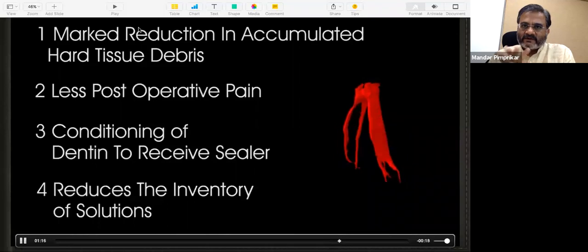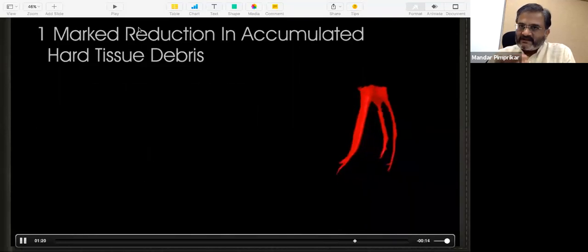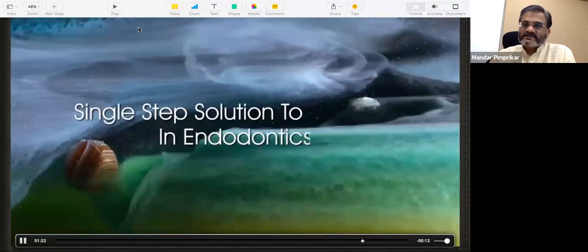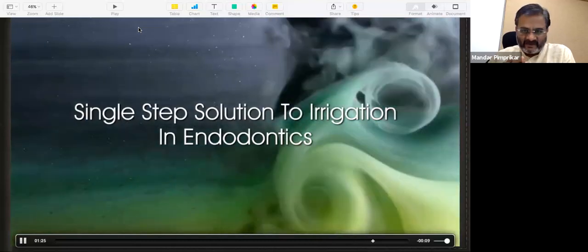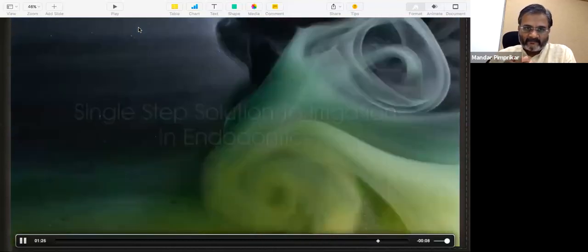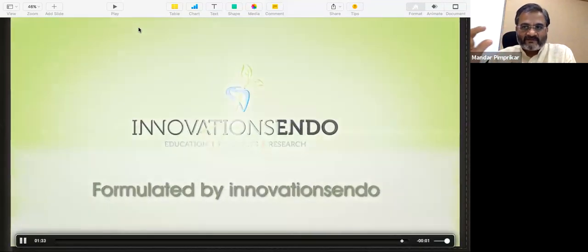So Twinclean is a combination of etidronic acid 9%, which is to be mixed with sodium hypochlorite. So again, we are not getting away by not using hypochlorite. Twinclean is a powder form and it has to be mixed with hypochlorite freshly whenever you use it. Now the dilution ratio is 1:9.